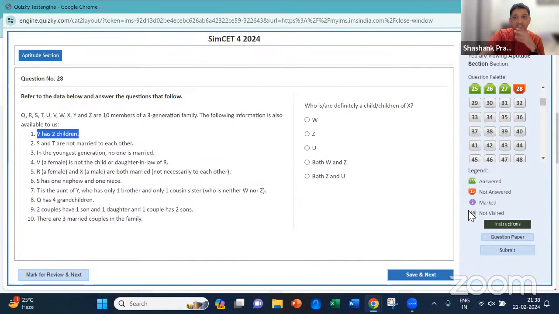And it's not W or Z. I'm tempted to say Y has only one brother and one cousin sister. That cousin sister has to be U. So I'm tempted to say U.